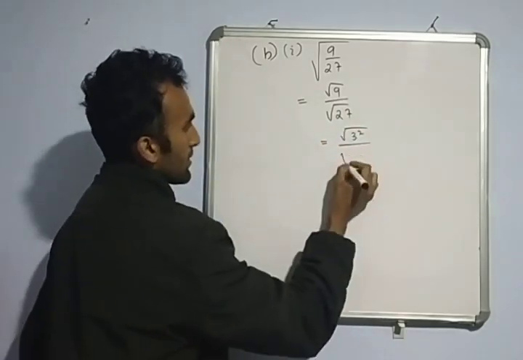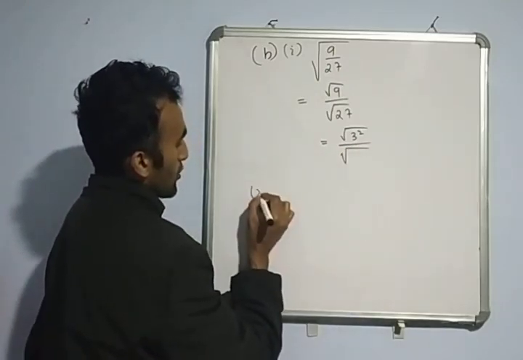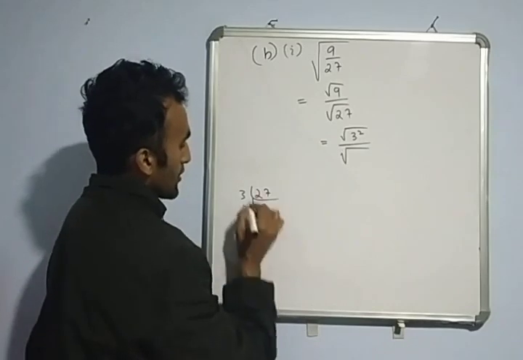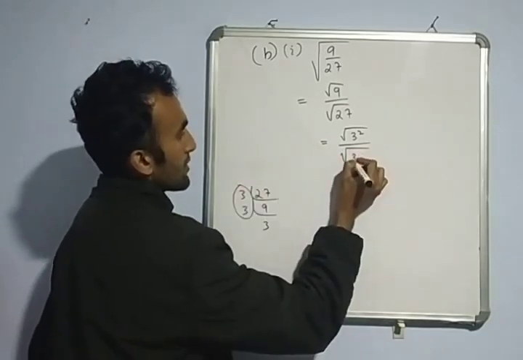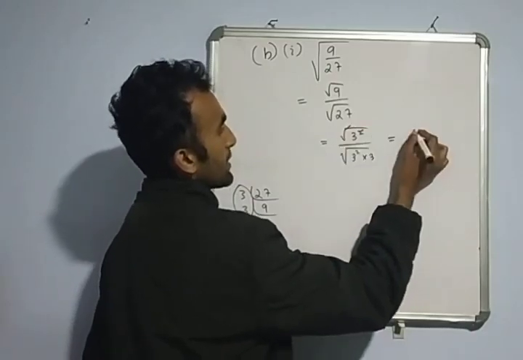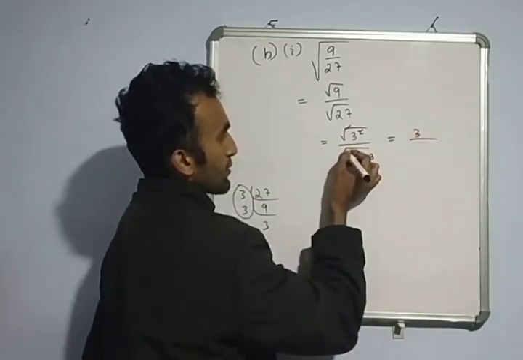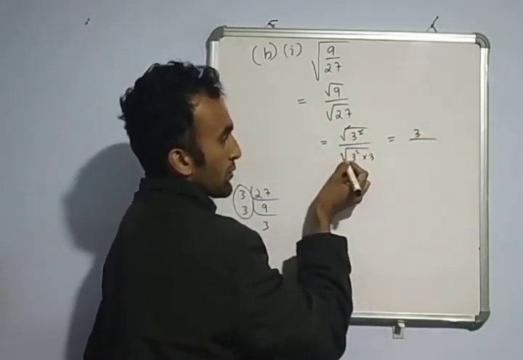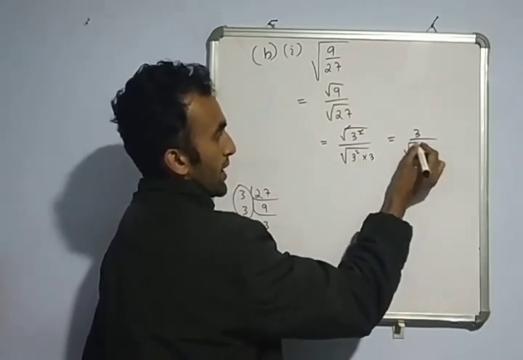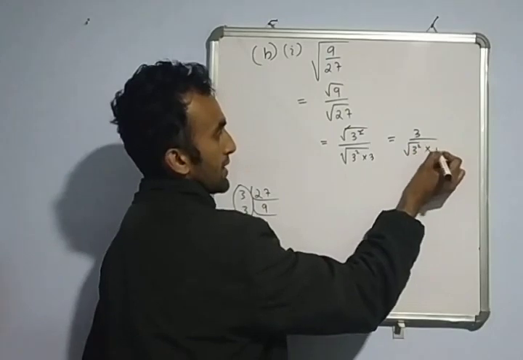And 27 means 3, 9 and then 3, 3. So 3 square into 3. Now square and square root get cancelled, it becomes 3. But you cannot cancel this one because there is another 3. The square root is also for this 3, not only for this one. So the square root goes to both like this.